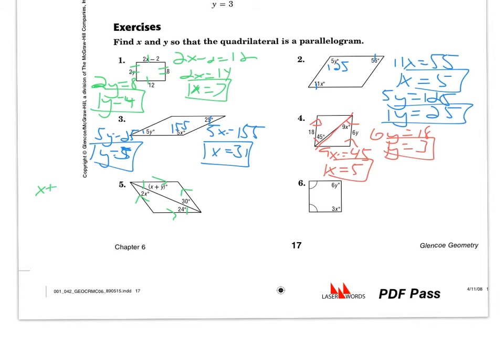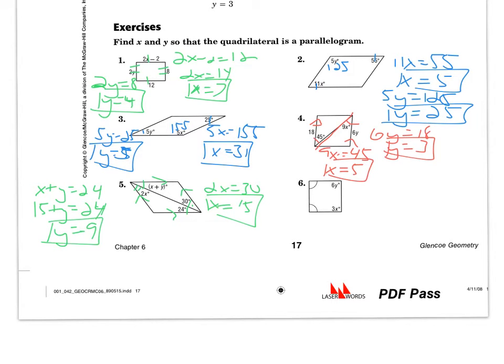So x plus y equals 24. Can't do anything with that yet because I've got an x and a y in there. Okay, but knowing that the sides are congruent makes these alternate interior angles. So now I also have 2x equals 30. That is one I can easily solve. x equals 15. Now I can plug in 15 for x and solve for y. y equals 9.